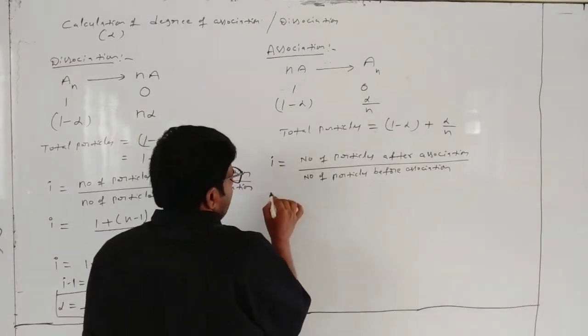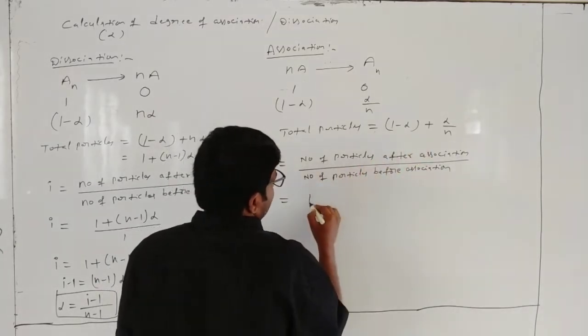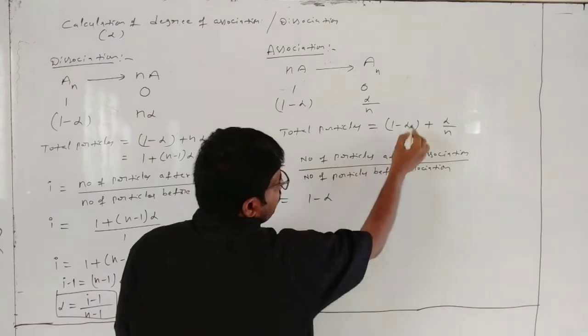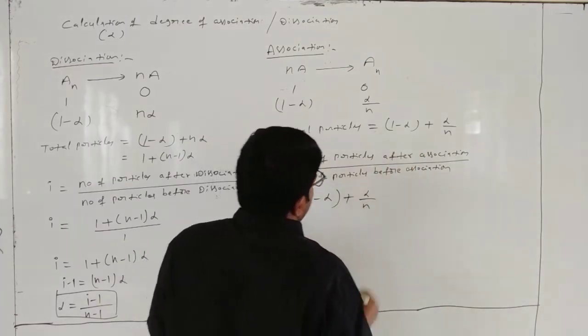The number of particles after association is 1 minus alpha plus alpha by n.